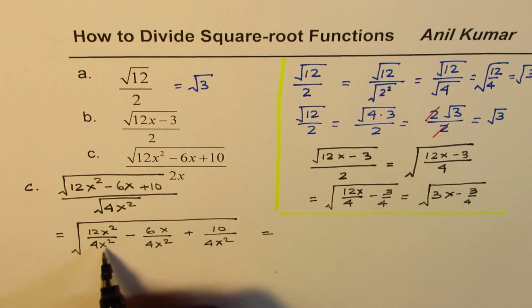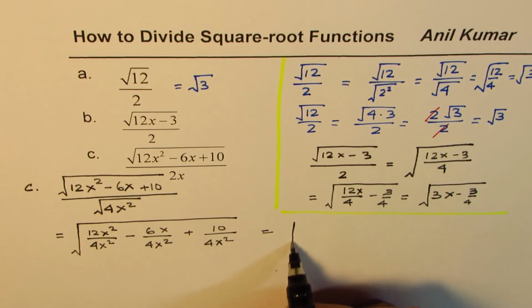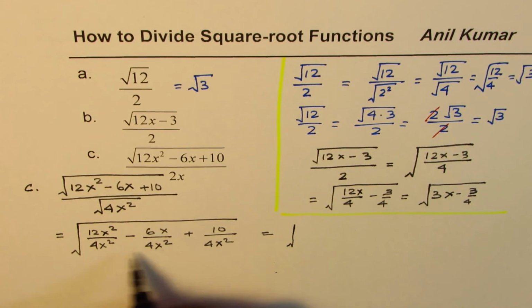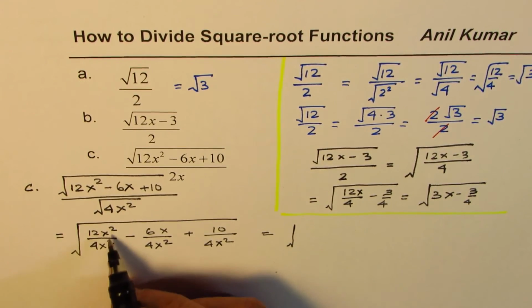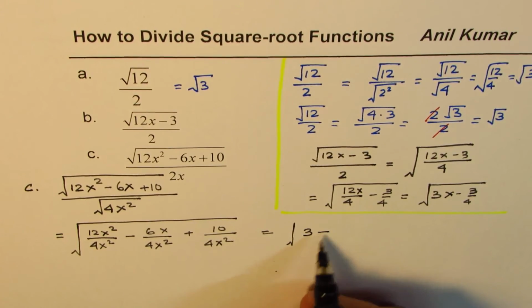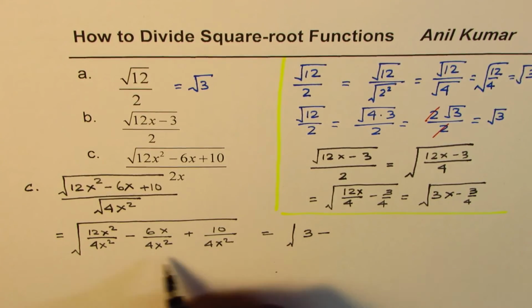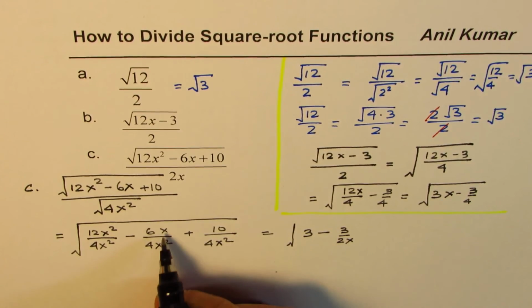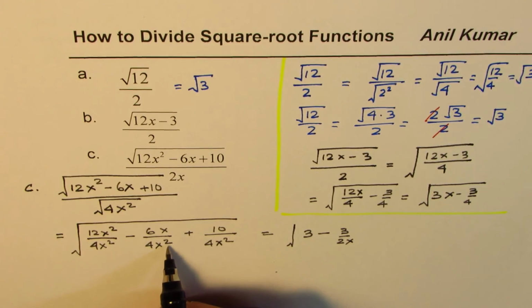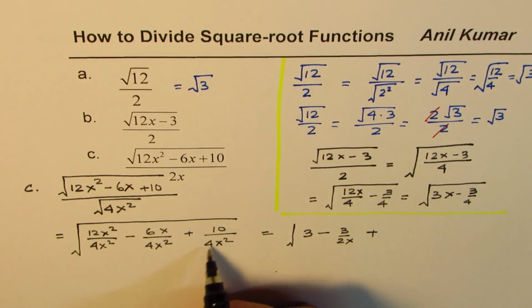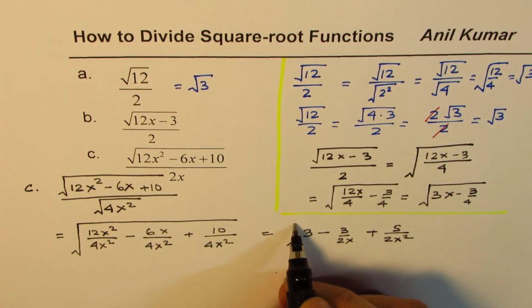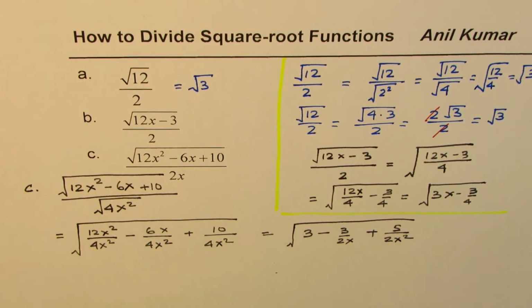And now we can simplify just as we did here. 12 divided by 4 is 3, x squared cancels, minus 6 divided by 4, that is 3 over 2, and let me write 2x, since one of these x cancels. And dividing both by 2, we get 5 over 2x squared. Do you see that? So the part C could be written in this fashion.